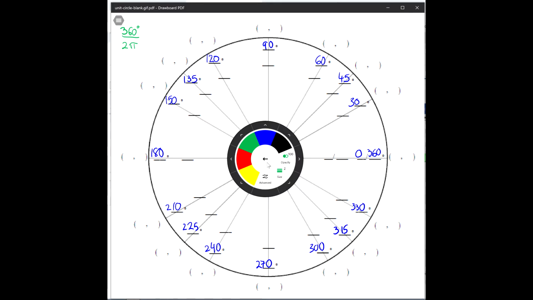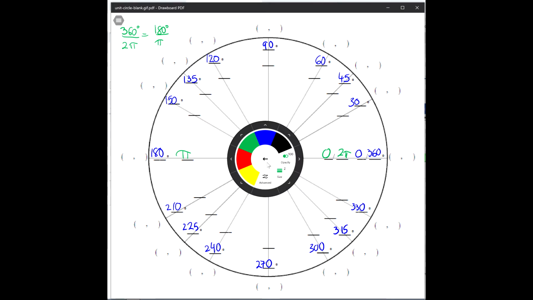Whenever you use unit rate, they have to be equivalent. And we can simplify it. So now, if we divide both top and bottom by 2, we get 180 degrees over pi. So that means right here I can start with 0 pi or 2 pi. And then right here, I just found 180 degrees is equivalent to pi. And then I'll do the math now.